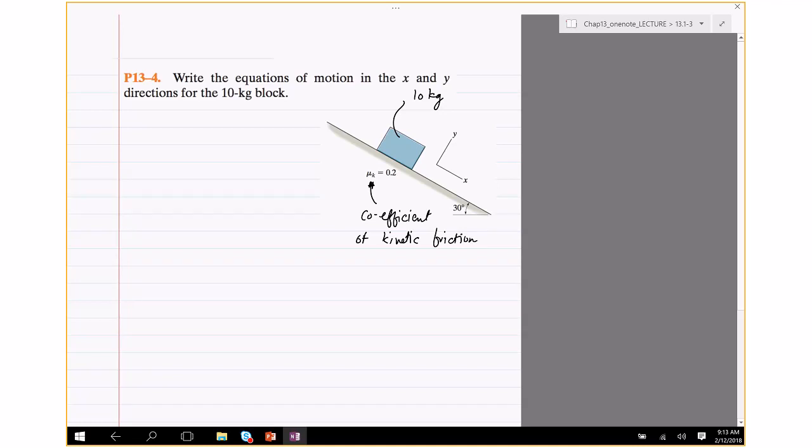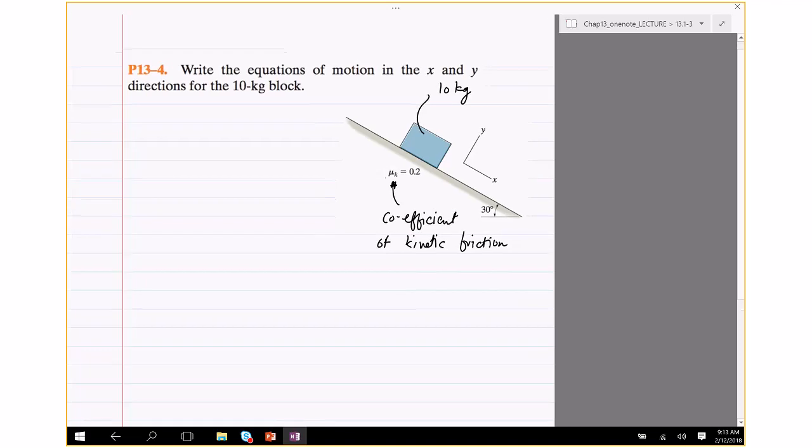So when an object is in motion, the friction force, write it here, friction force is equal to mu k times the normal force.